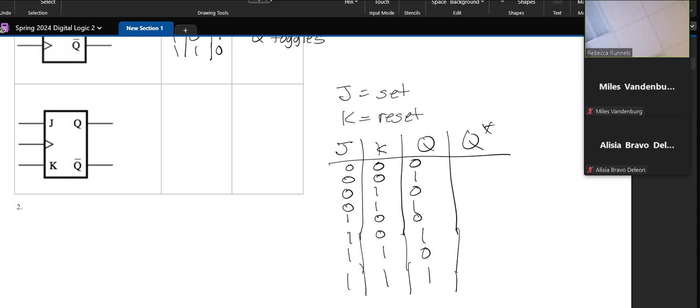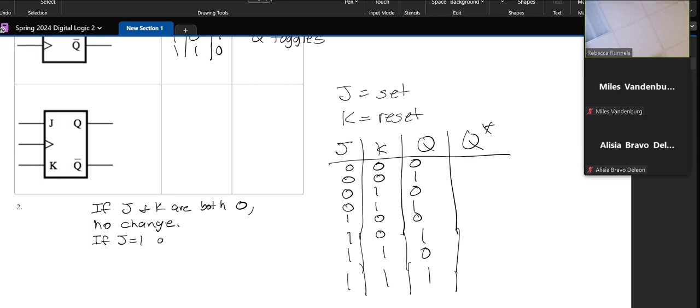And in words, what we can say is if J and K are both 0, then there's no change. So that means Q next, or Q star, the next value of Q is the same as the previous value of Q.